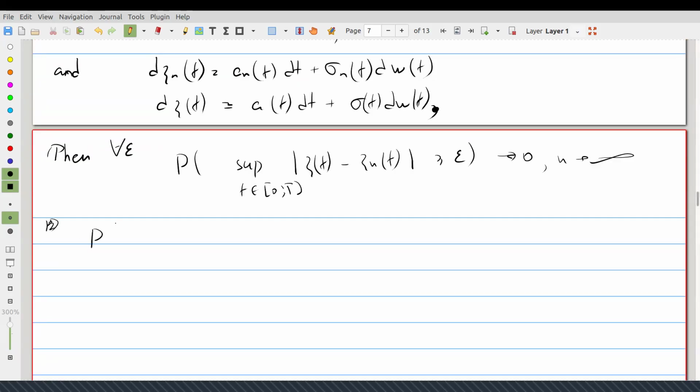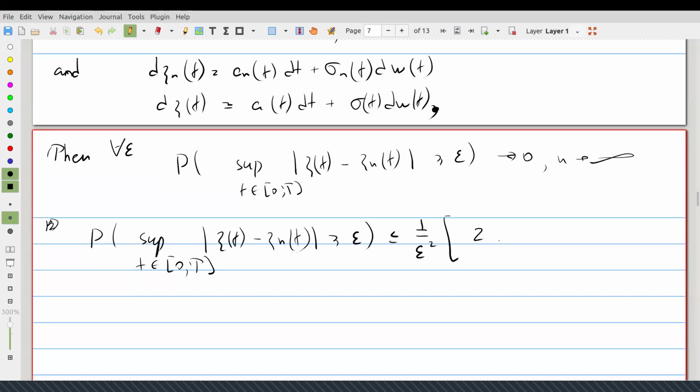And effectively, the proof is just a one-liner because we have this estimate: the probability that psi of t minus psi n of t is greater than epsilon is less than 1 over epsilon squared, where I used just a very simple inequality for squares, and the fact that the supremum over t of such an expression for stochastic integrals is dominated by 4 such norms.